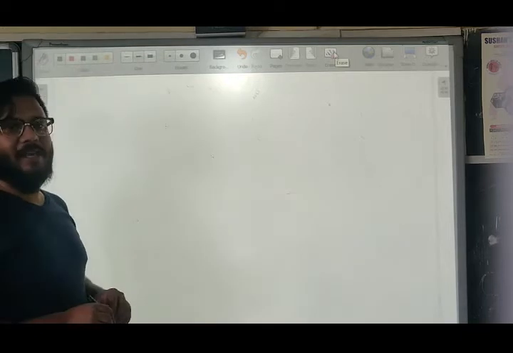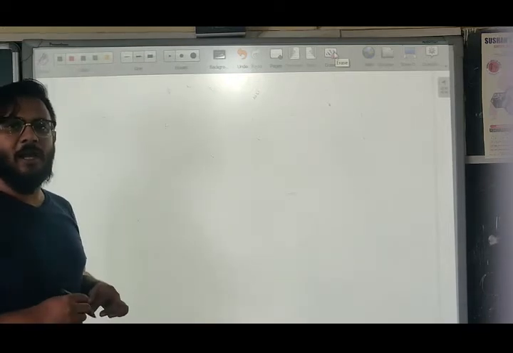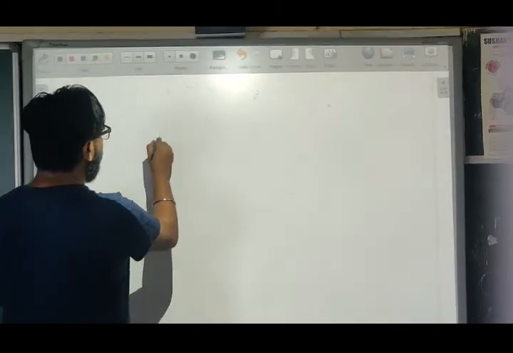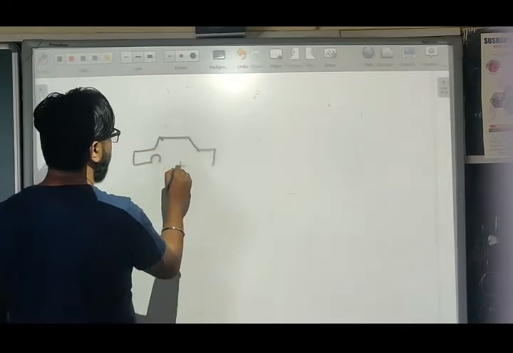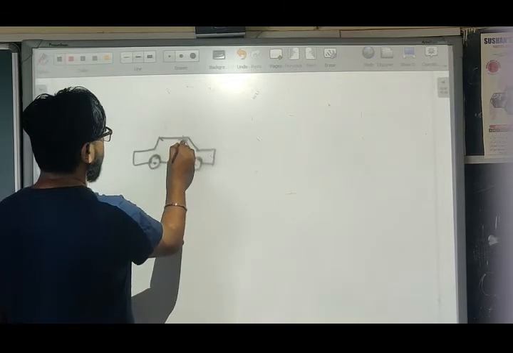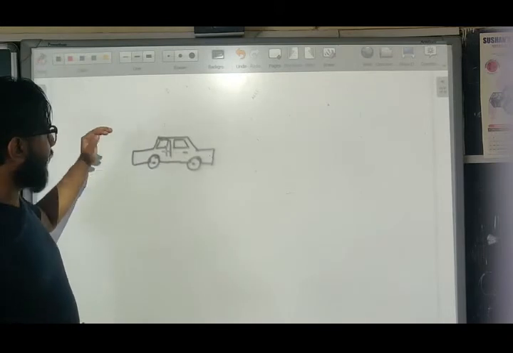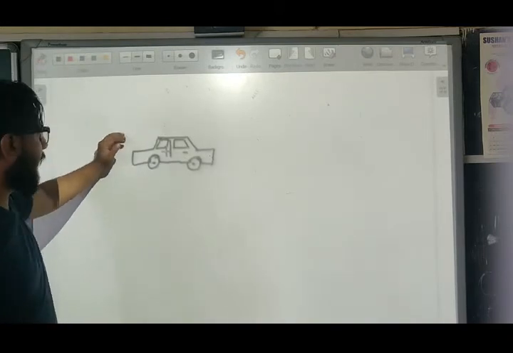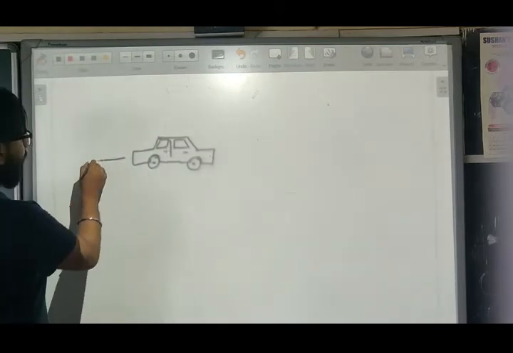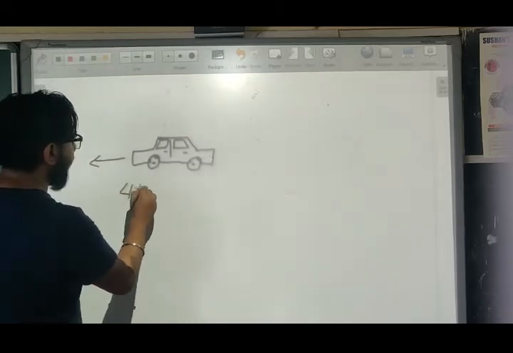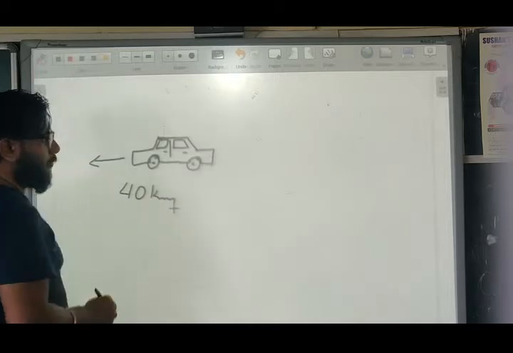Next is velocity and speed. Now let's say there is a car, and the car is moving this way. Speed is 40 km per hour.